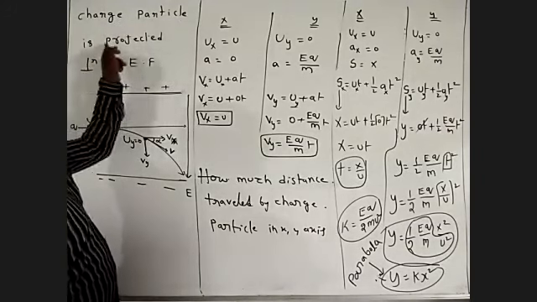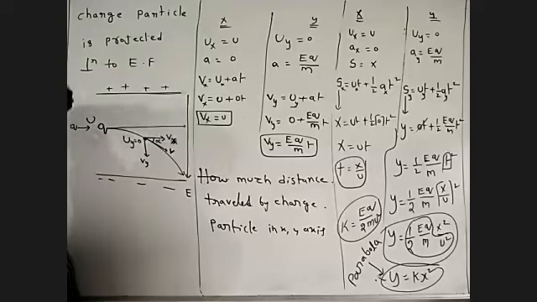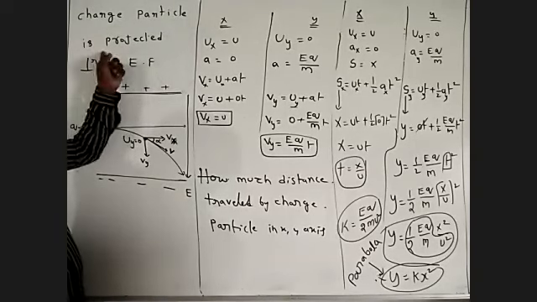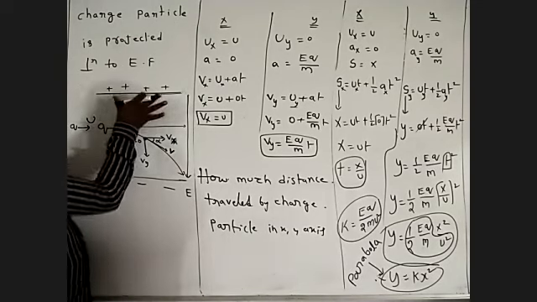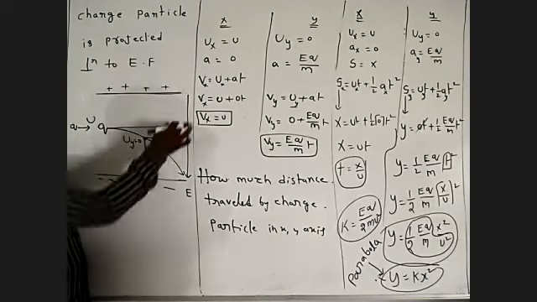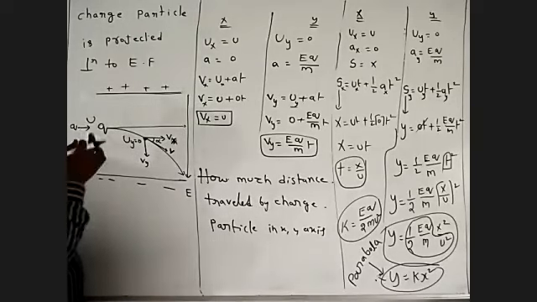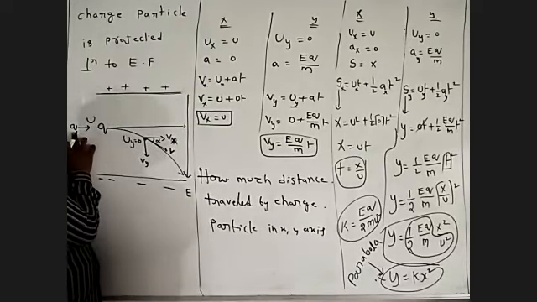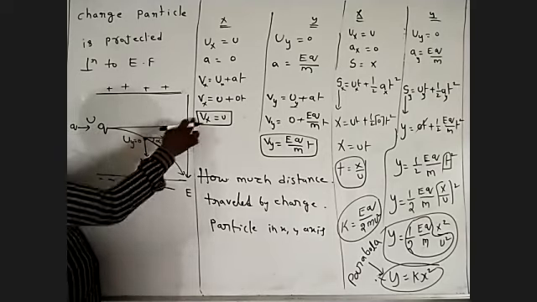A charged particle is projected perpendicular to the electric field. This is the positive plate, this is the negative plate. The direction of the electric field is from positive to negative. The charge is projected with a velocity u perpendicular to the field.